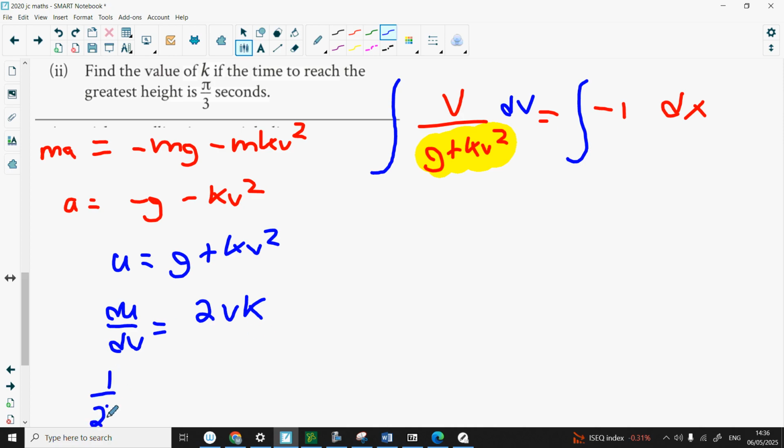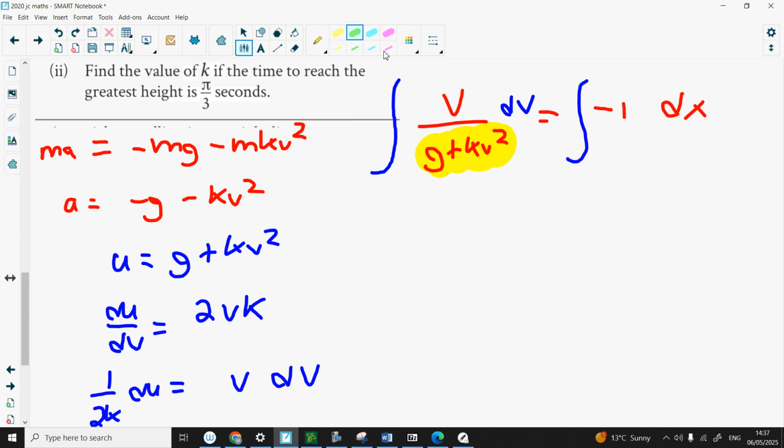Then bring 1 over 2k, du equals v dv. Is everybody happy enough for that? 1 over 2k du is the same as v dv. Now, we go back up.